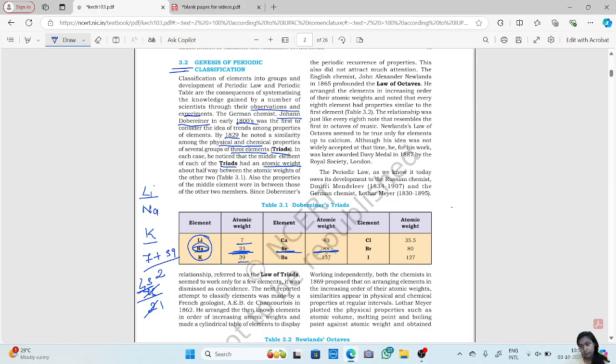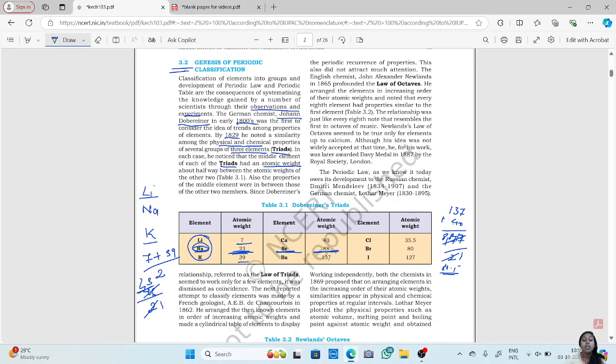For example, 137 plus 40 is 177, which is divided by 2. That will be 88.5, which is almost 88.